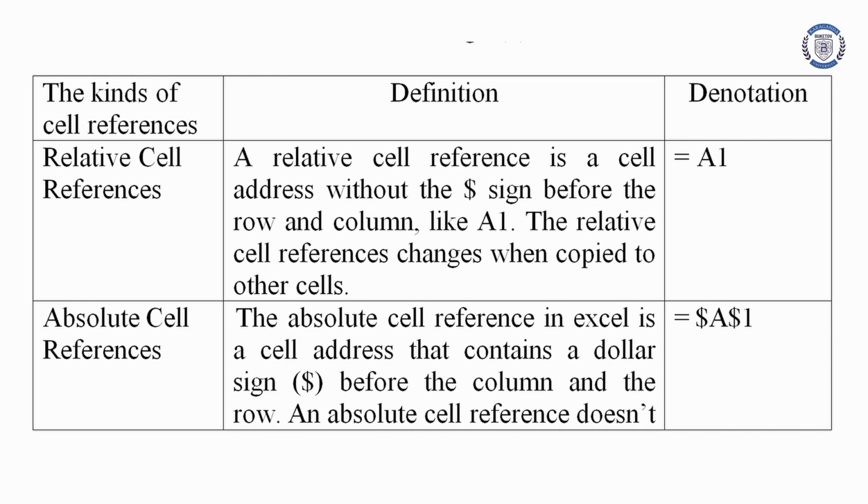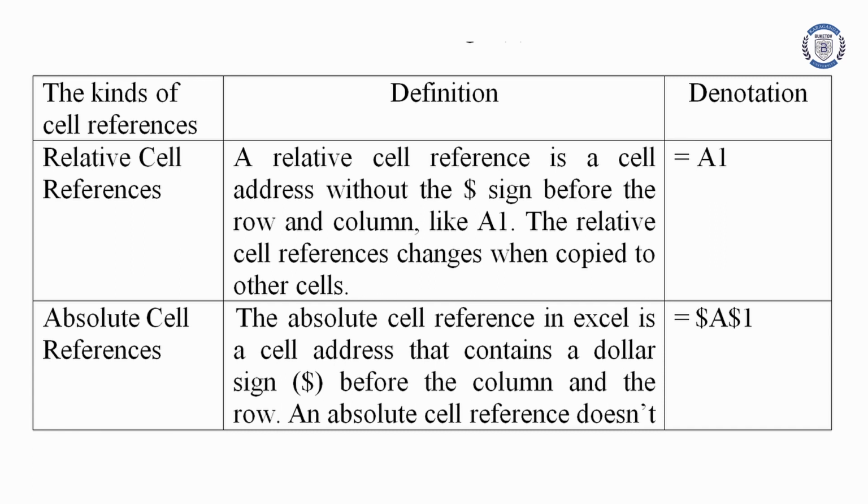In relative cell references, we don't write the dollar sign, and these references change when copied to other cells. An absolute cell reference is a cell address that contains a dollar sign before the column and the row.